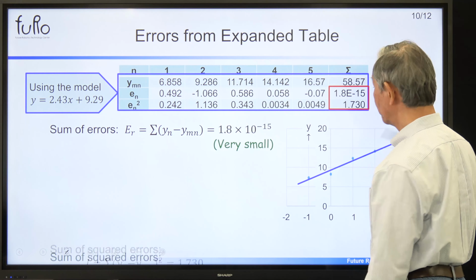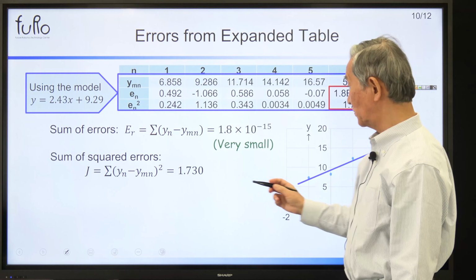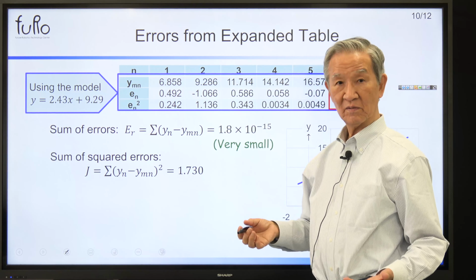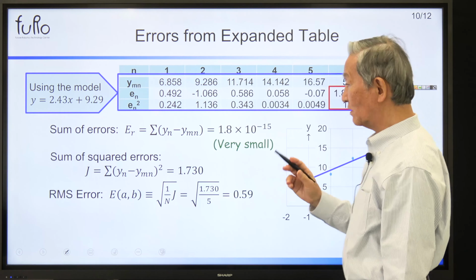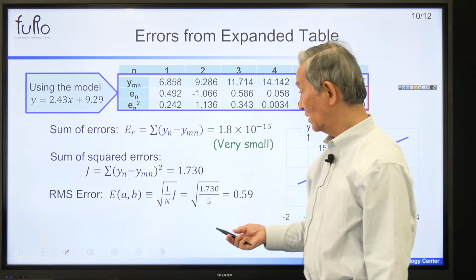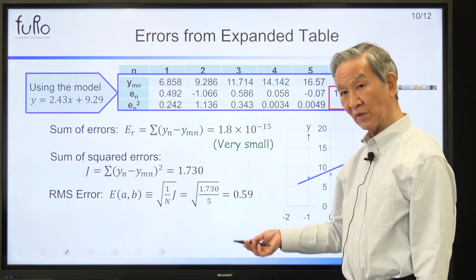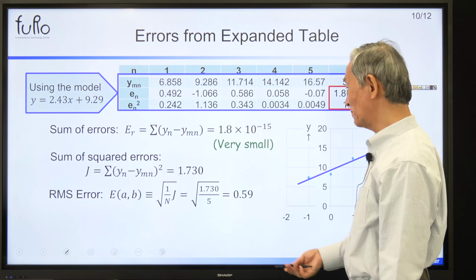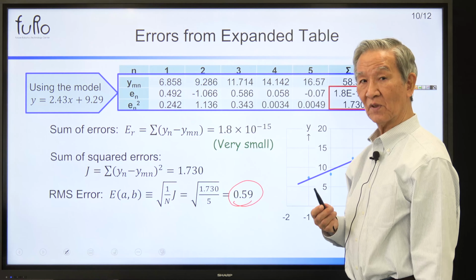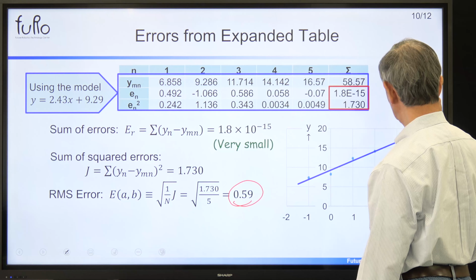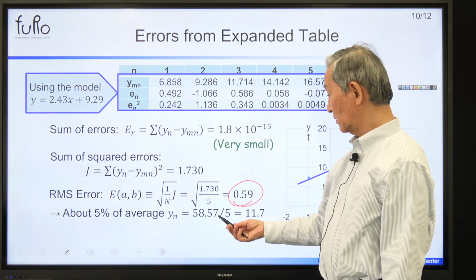And the sum of squared errors, this one here, we have 1.730. Is that good or bad? Well, let's compute from this one here the RMS, root mean squared error, which is equal to the square root of 1 over N times the sum of squared errors. So that's 0.59. So compared to that, what I do is this. About 5% of the average yn value.